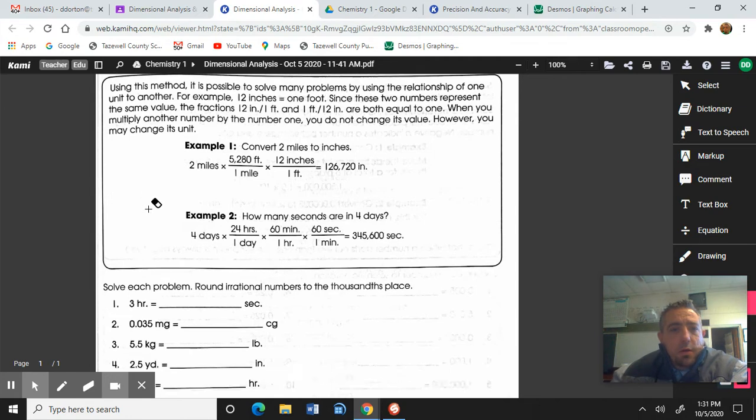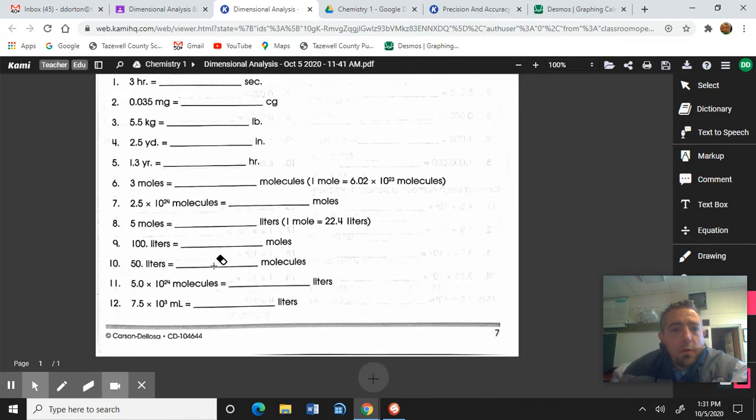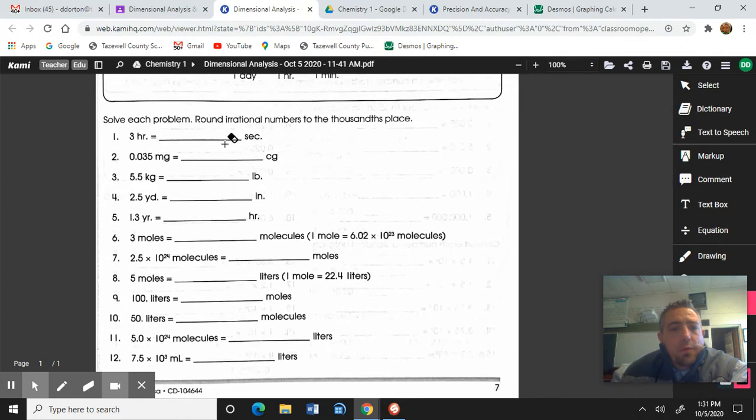So, you can see that I really don't like to do this one too much because, as you can see, there's a lot of non-metric numbers on here, like yards to inches, hours, seconds, which I guess is still metric.